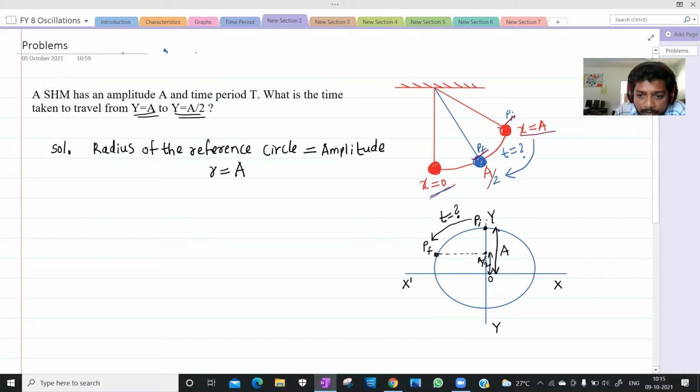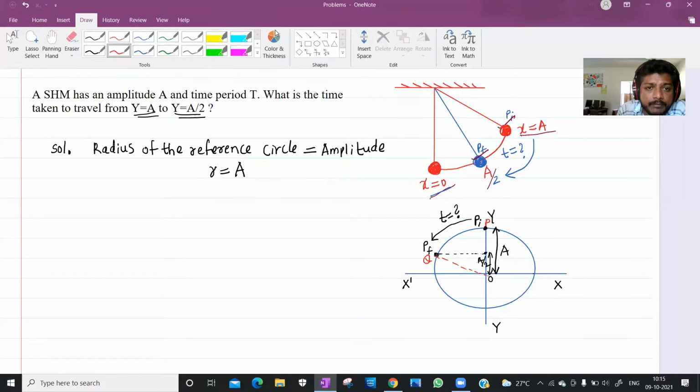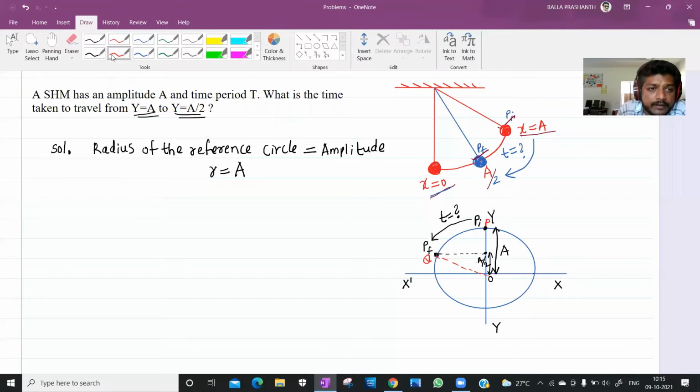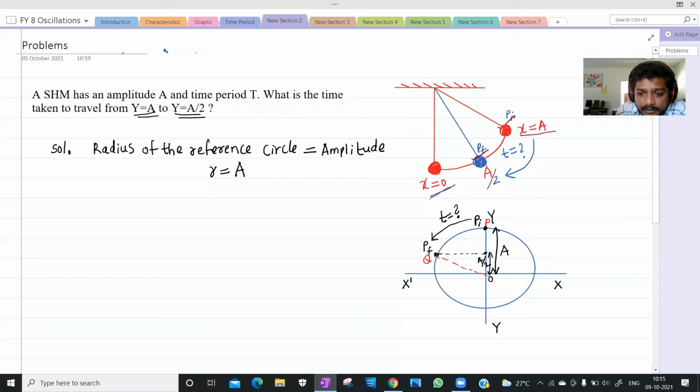This is point P, this is point Q. I joined Q and O. Here this is O, P, Q, and for example this is S. What is the angle here?